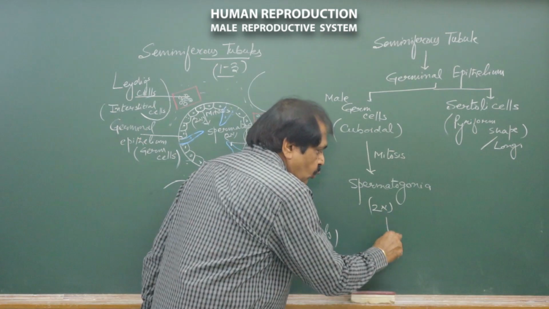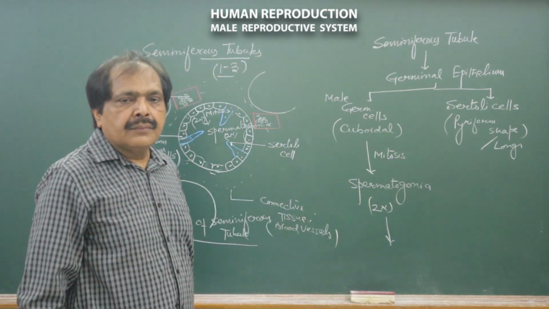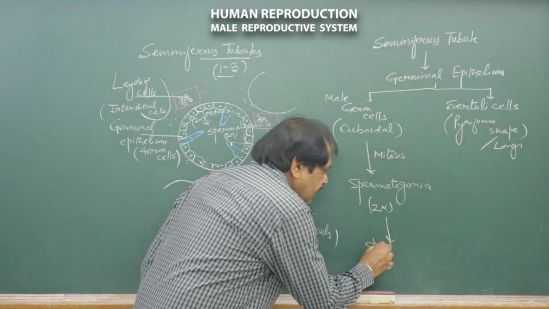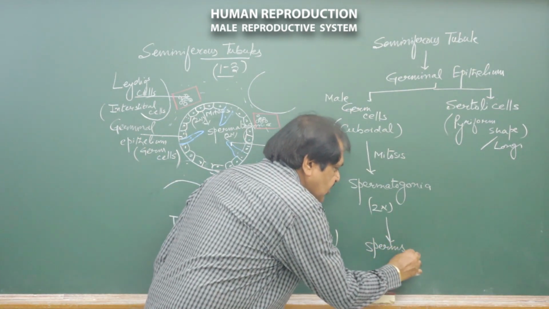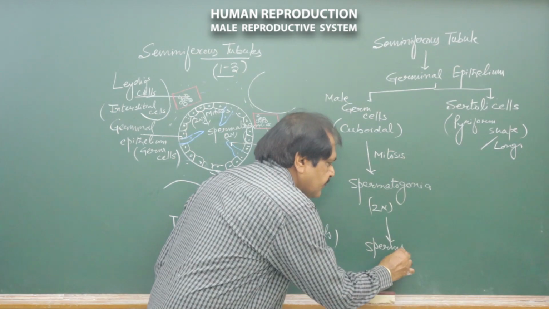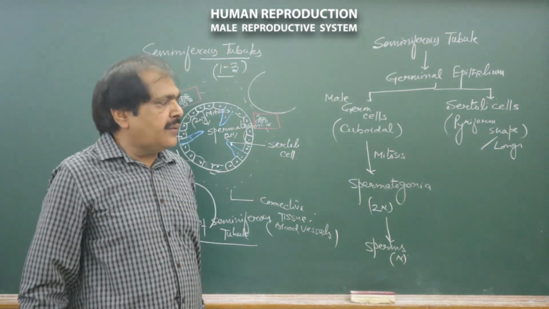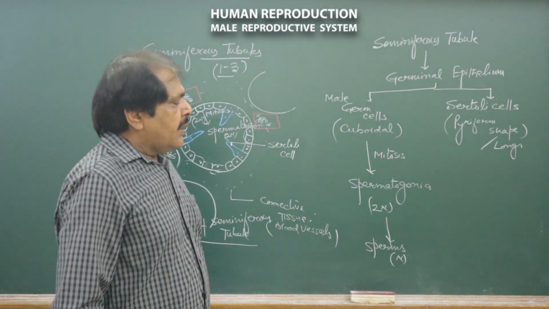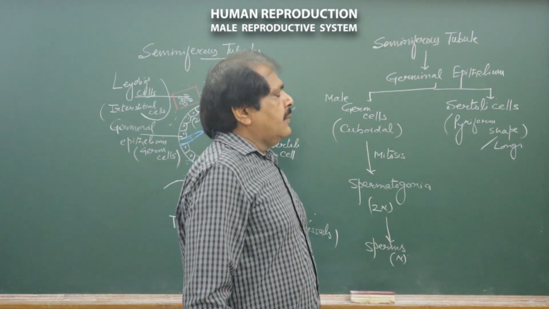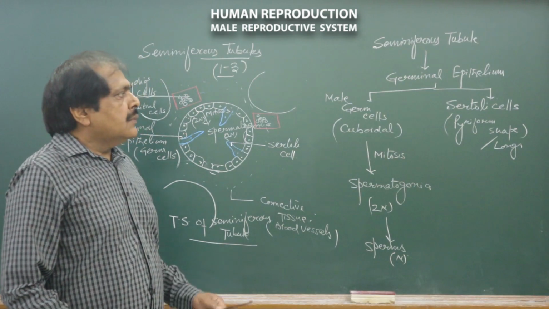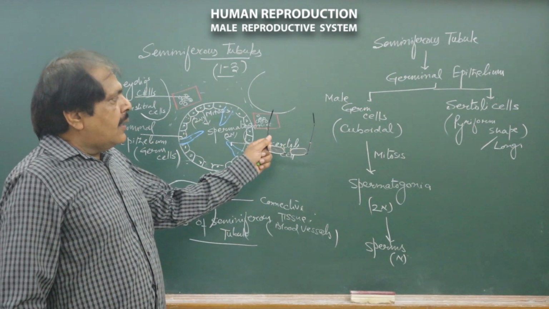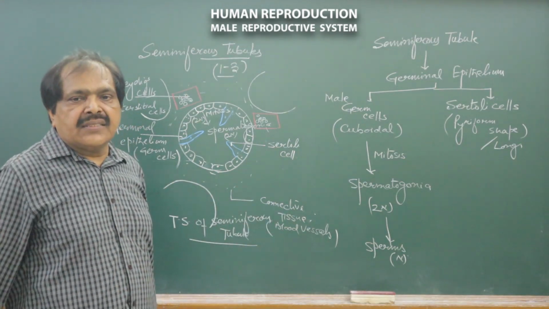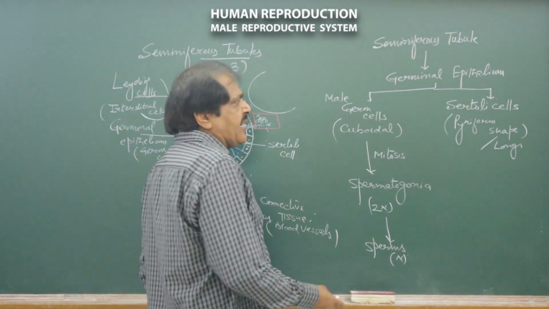Now these spermatogonia will ultimately form the sperms, which are haploid. That we will take later on. In between the two seminiferous tubules, there are also present these.